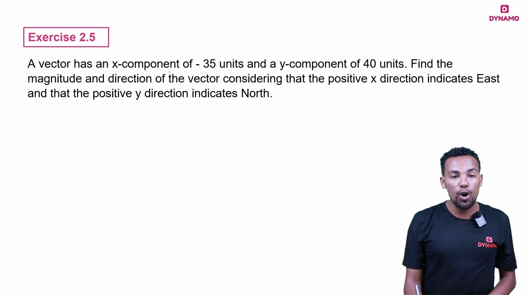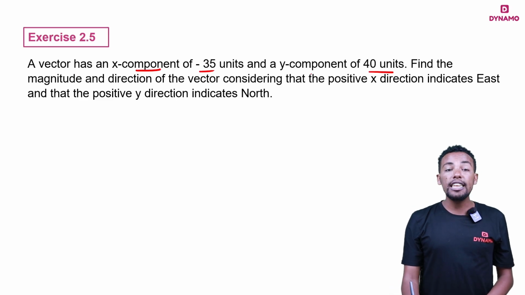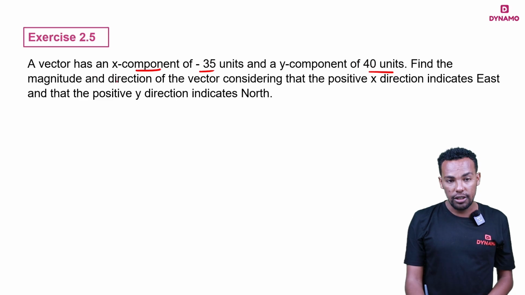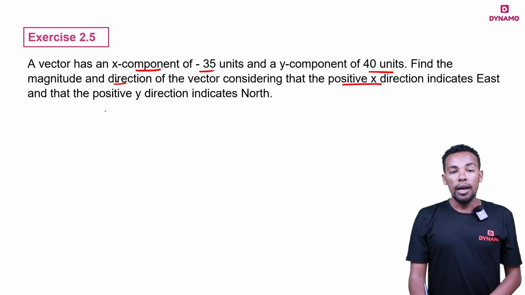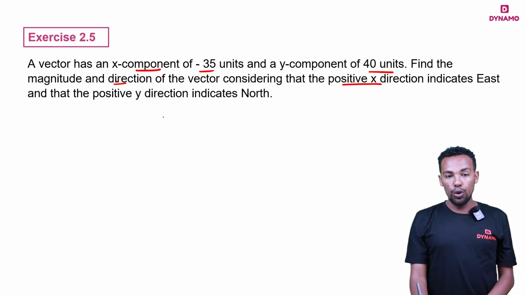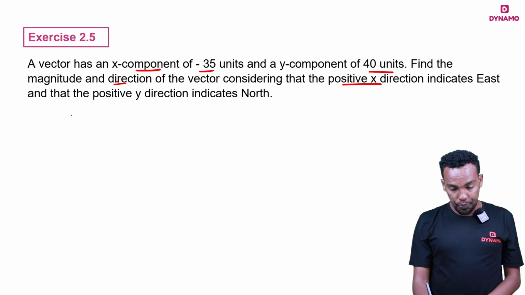Okay, exercise 2.5. A vector has an x component of minus 5 units and a y component of 40 units. Find the components, the magnitude and direction of the vector, considering the positive x direction indicates east and the positive y direction indicates north. Kanaaf amma gaafa kana draw goonu kam ta'a jechuudha?